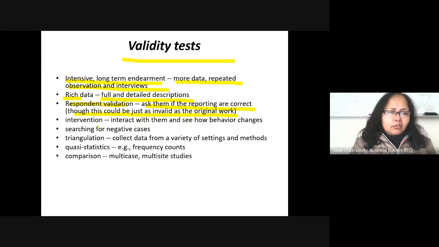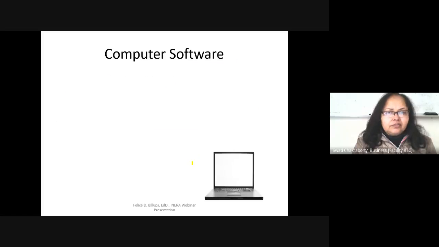So that problem can come up. Intervention, that is, interact with them and see how their behavior changes. Searching for negative cases. Triangulation, where you collect data from a variety of settings and methods. Quasi-statistics, for example, frequency counts. And comparison, where we talk of multi-case or multi-site studies.